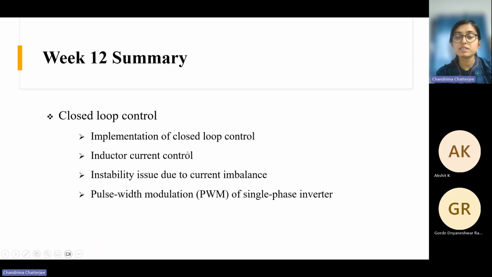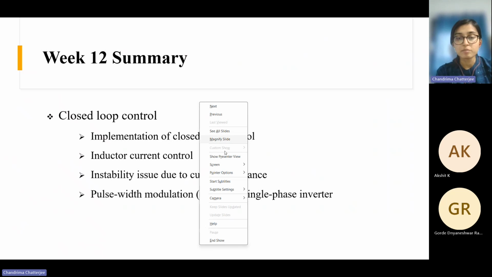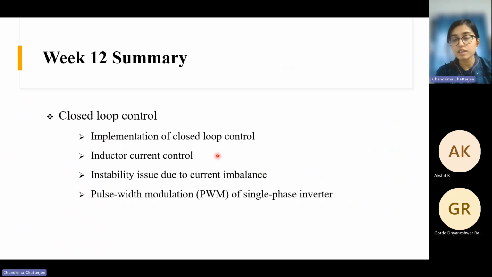After designing the circuit, selecting all the components, the devices, the passive components, everything, at last, when you run the circuit, you can run it in open loop, but you will have to run it in closed loop also.